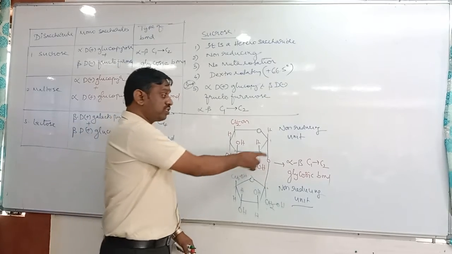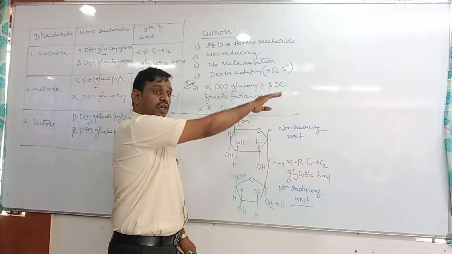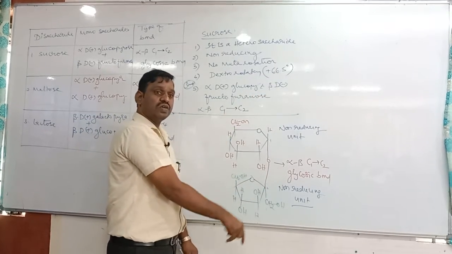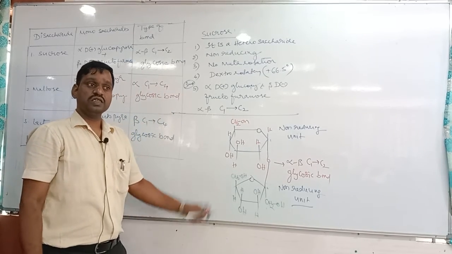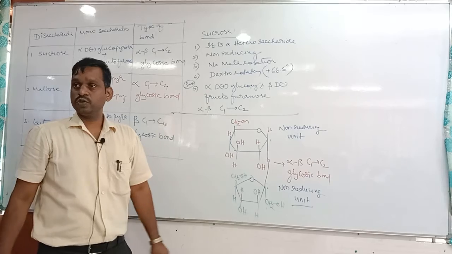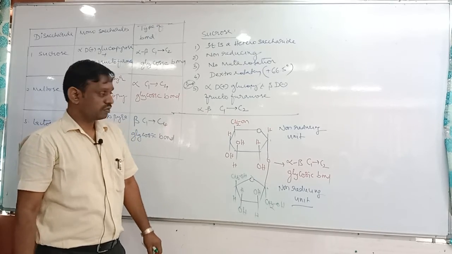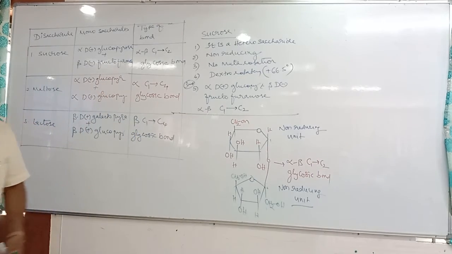If the anomeric OH is below the plane it is alpha, above the plane it is beta, but it is involved in bonding. So it is neither alpha nor beta. So that's what it is: non-reducing and does not show mutarotation. Okay, that is the structure of sucrose.